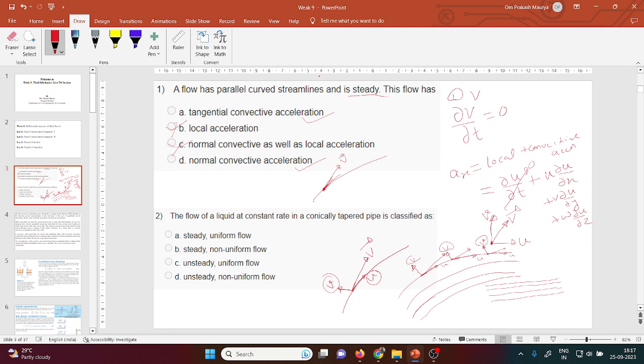So there is no acceleration in the tangential direction, but in the normal direction the acceleration will exist. So option D will be correct for this question.